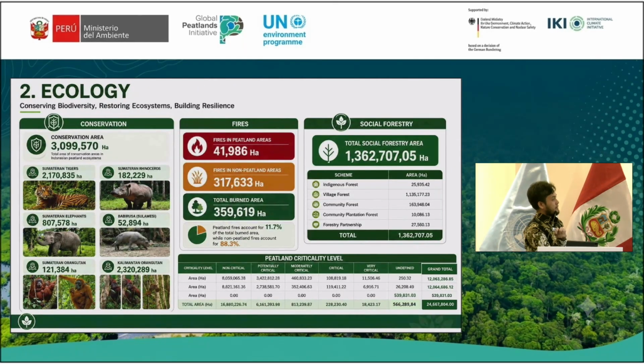Next. Now, peatlands are more than carbon stores.